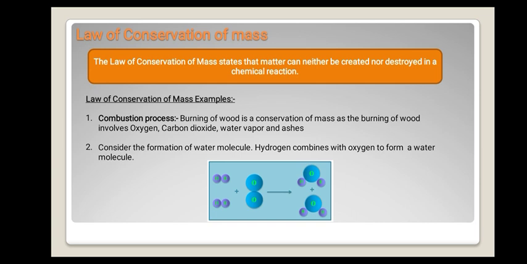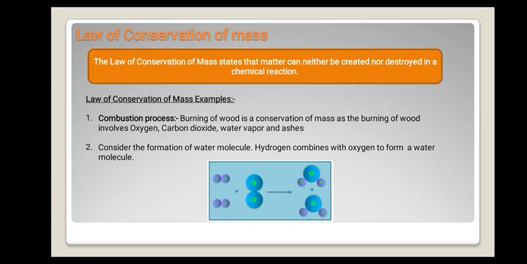Now let's understand the law of conservation with the help of an example. First, in a combustion process, meaning if we burn anything, let's take the example of burning wood. Burning of wood is a conservation of mass. How?